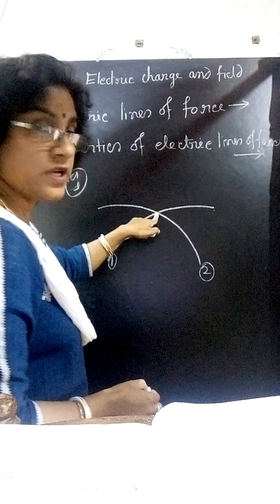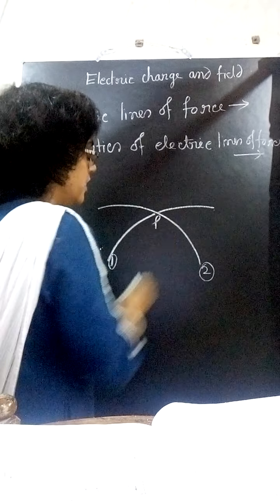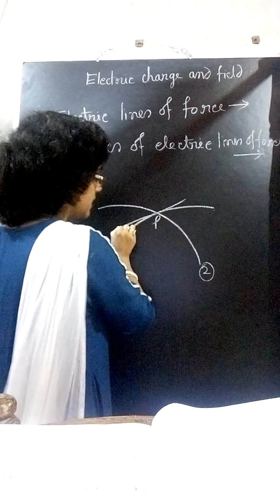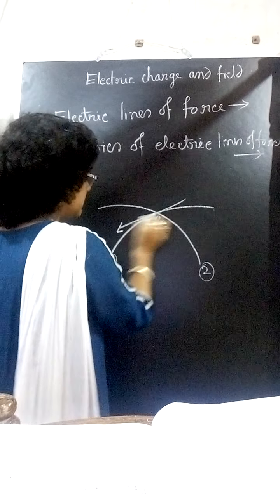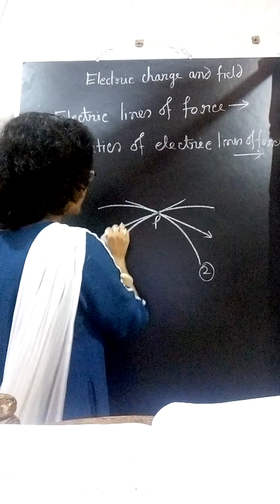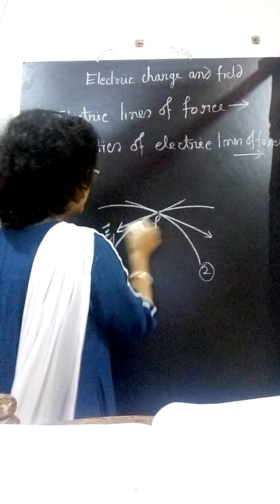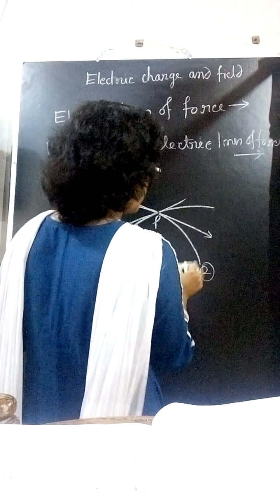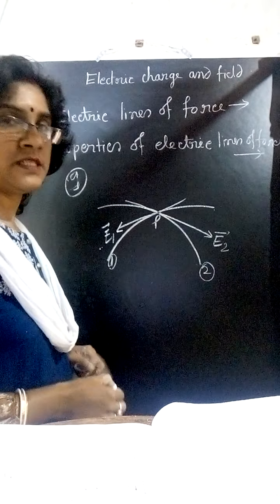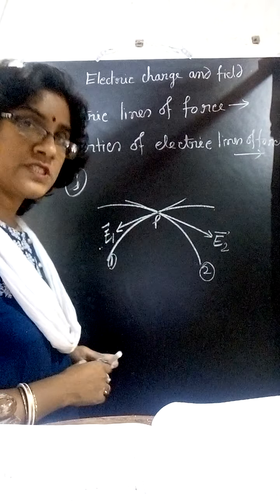They intersect at the point P. Now at the point P, if you draw two tangents, then for line one the electric field E1 is in that direction, and for the second line the tangent is giving its electric field in this direction, but it is not possible. For that reason, two electric lines of force cannot intersect each other.